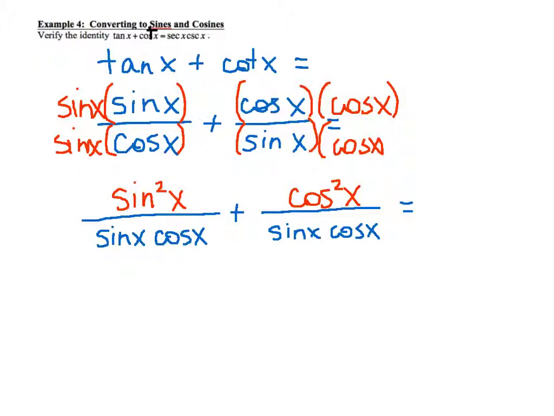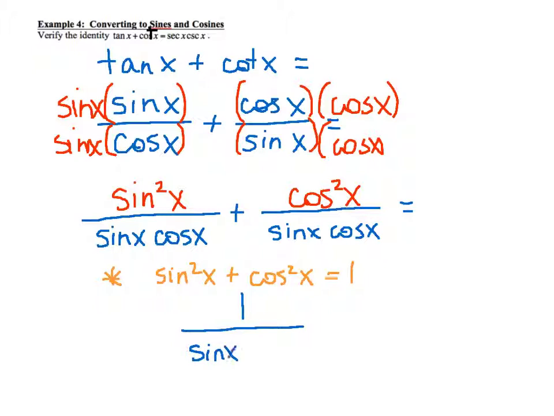Well, if you remember from one of our properties, we know that sine squared x plus a cosine squared x is equal to 1. So what we get up here on top is a 1 over sine of x times cosine of x.